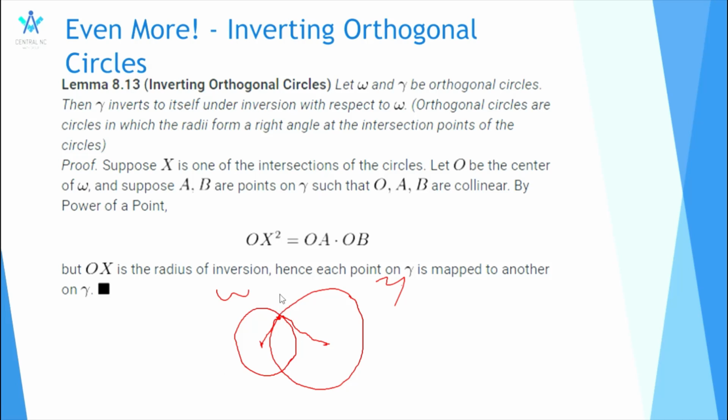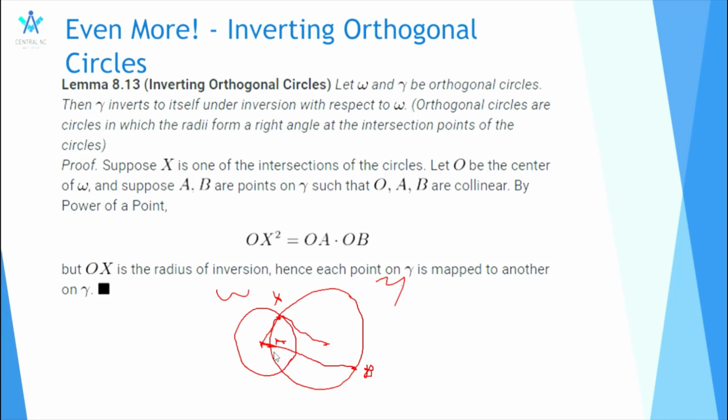Let's say X is this intersection point, right? And let's say A and B are two points on gamma. Say A, and then we'll draw this line to B. Because of this power of a point definition of inversion, we have OX squared, which is the radius of inversion, equal to OA times OB by power of a point, right?